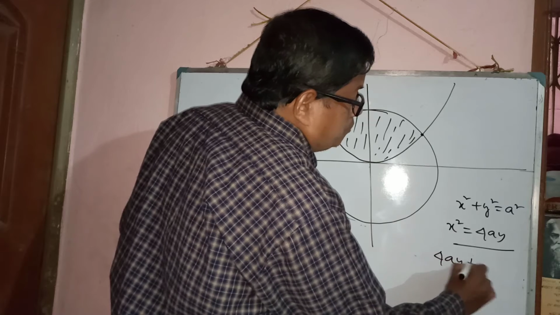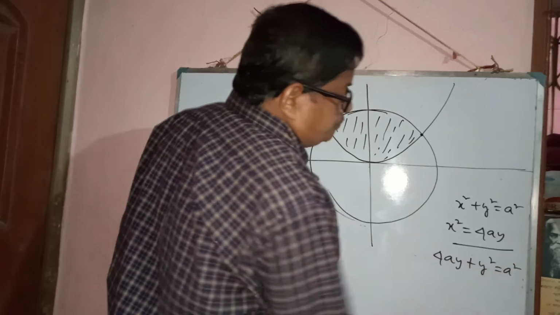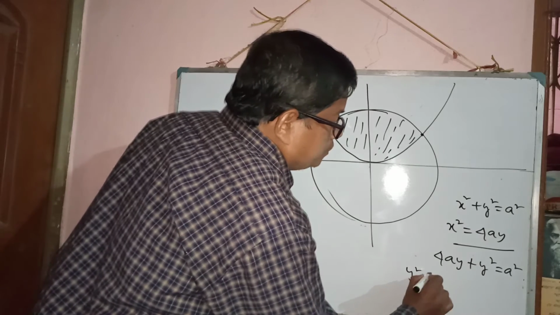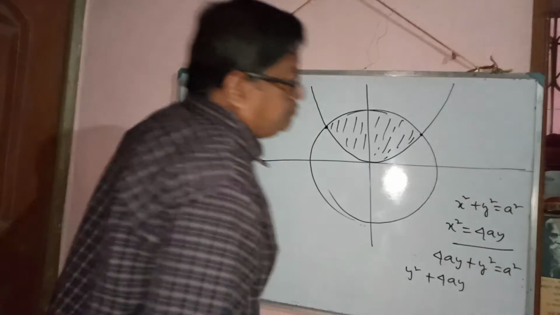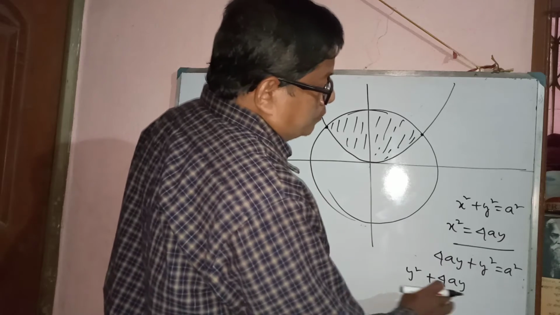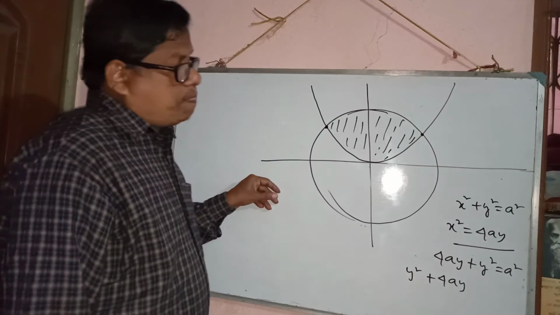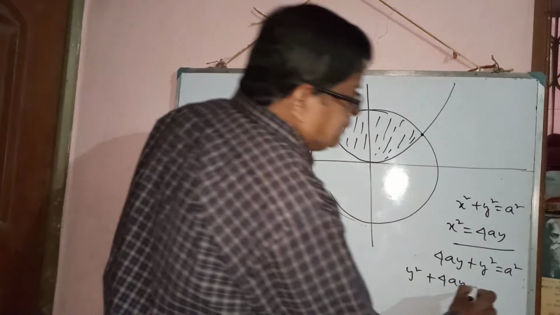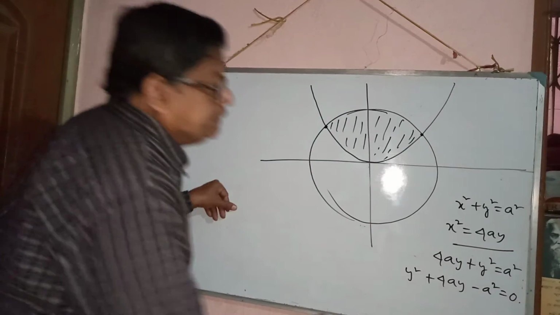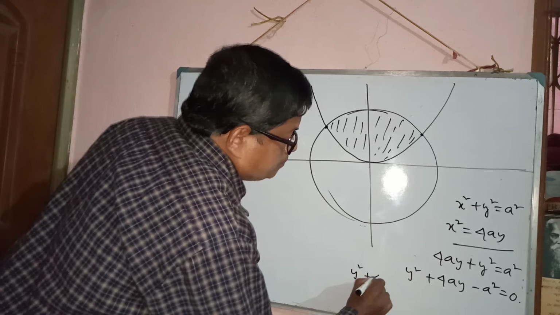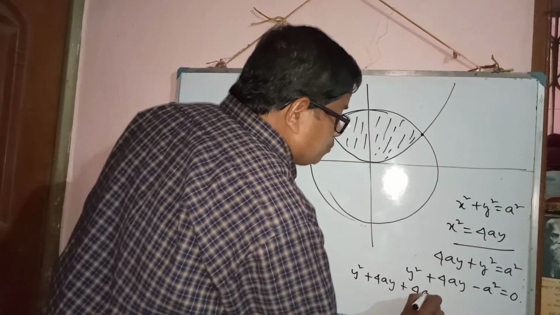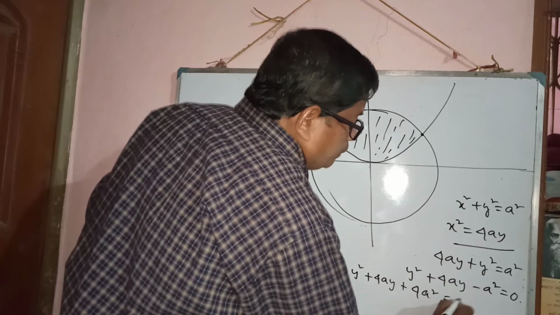4ay plus y square equal to a square. Now y square plus 4ay minus a square will be 0. So right here y square plus 4ay plus 4a square, you can write this is 5a square.